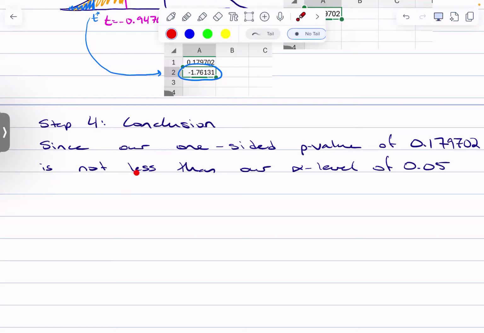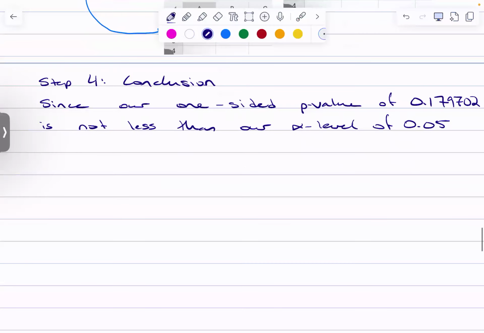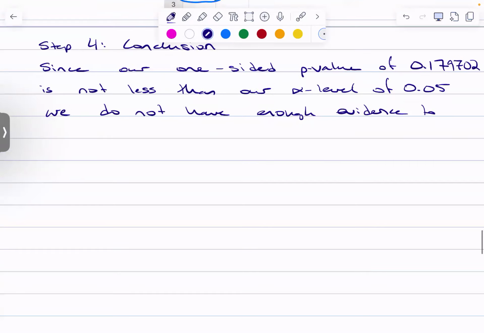So if it's not less than the alpha level, then you do not have enough evidence to reject H naught. So, since our one-sided p-value of 0.179702 is not less than our alpha level of 0.05, we do not have enough evidence to reject H naught.